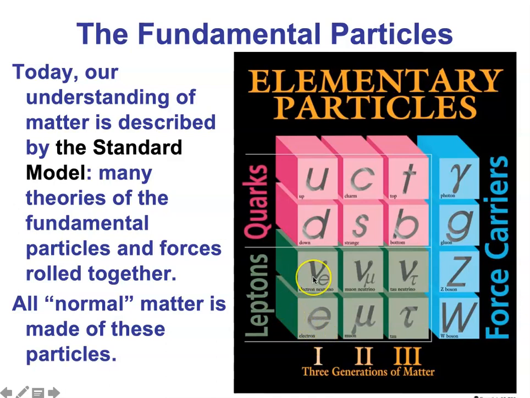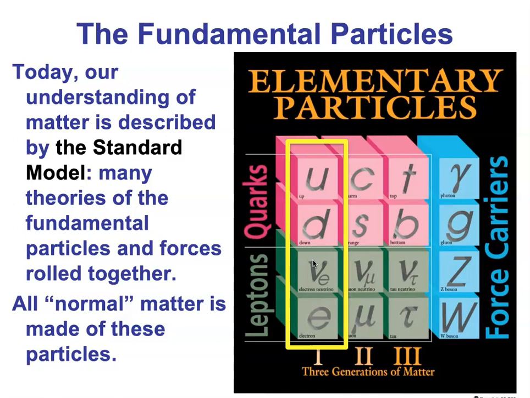There are also these neutrinos. What are neutrinos? Well, neutrinos are very small, very low mass particles, kind of like electrons, except they're much lower mass than electrons, and an electron already doesn't have a lot of mass, but neutrinos have even less mass than an electron, and they have no charge. Neutrinos are neutrally charged, which is why they're called neutrinos.